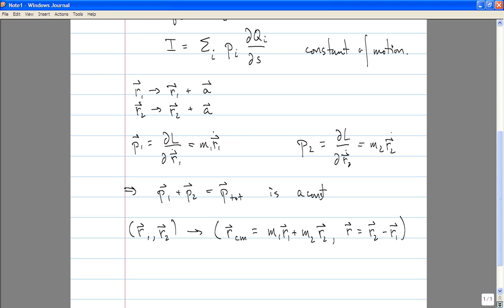So this is just a change of variables. Instead of using the 6 quantities r1 vector and r2 vector, I will use the 6 quantities describing the center of mass and relative positions of these two objects.